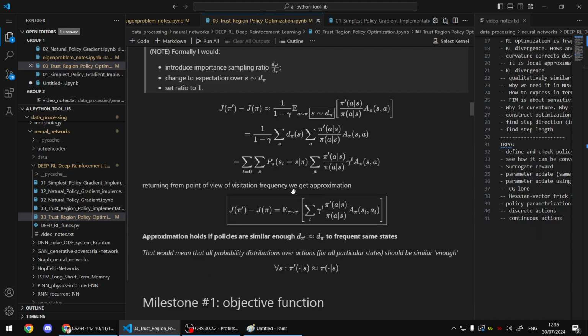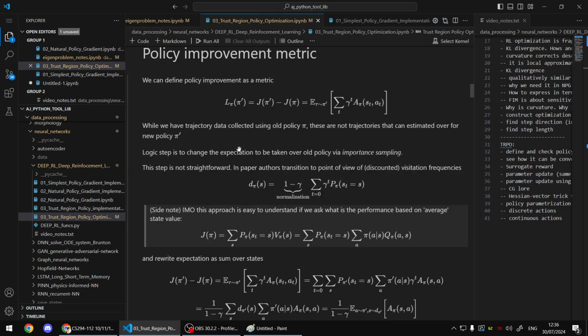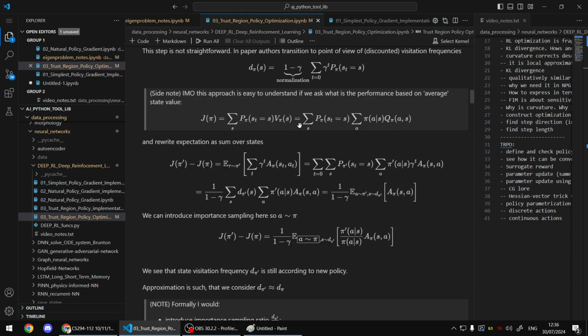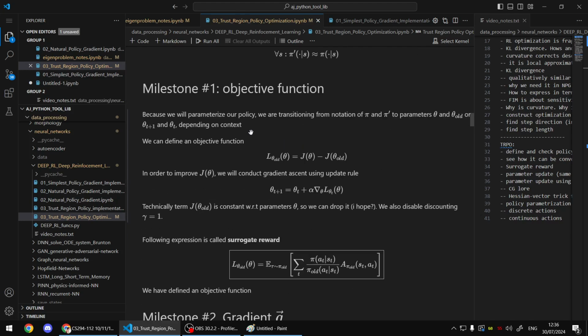So let's define this particular objective, which we have defined previously. We just rename it. We change the notation from primed policies to just policy parameterized by theta old or theta t plus 1, where t is the iteration.